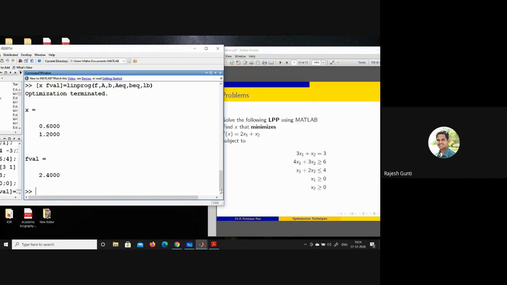In that case it takes this as F, this as G, like that. Okay, F5. Optimization got terminated.